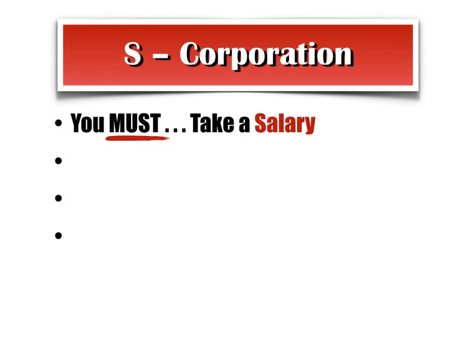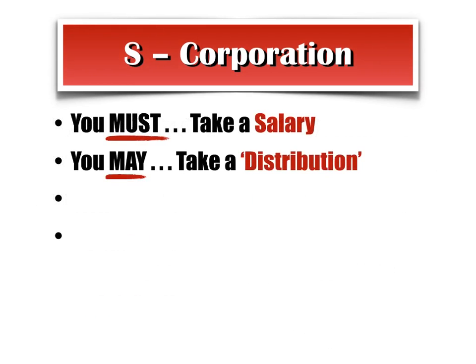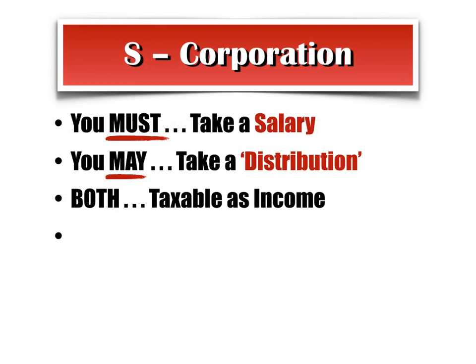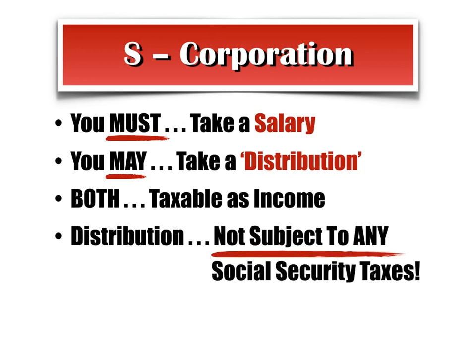The rules are you must take a salary, but you may take a distribution. And both, while being taxable as income, only the distribution is not subject to any additional Social Security taxes.